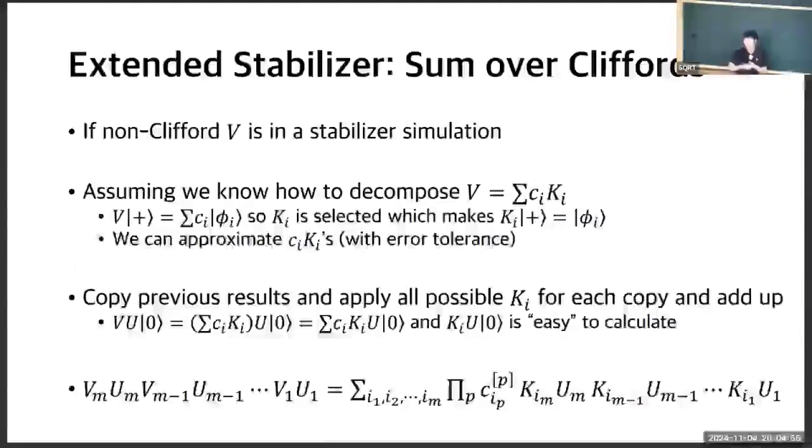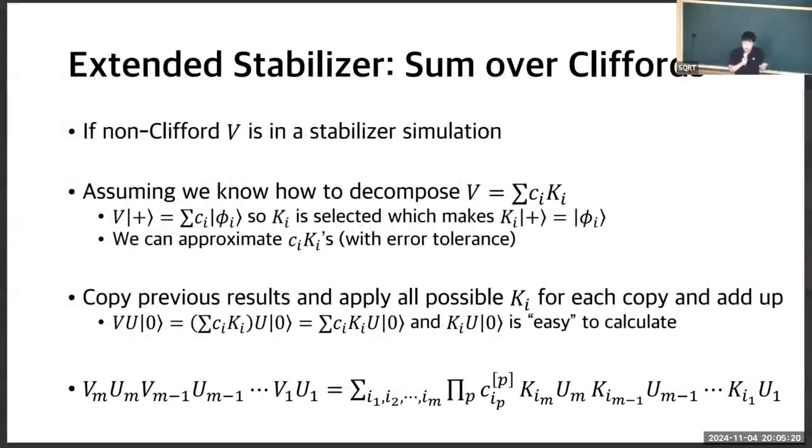Generally, we cannot find Ki with just a given V, but if we have a method to at least represent like T squared or T on 6 qubits or something, then we can approximate them in order to simulate fast here. And we can just copy the previous results.